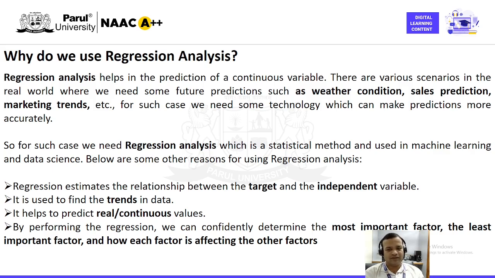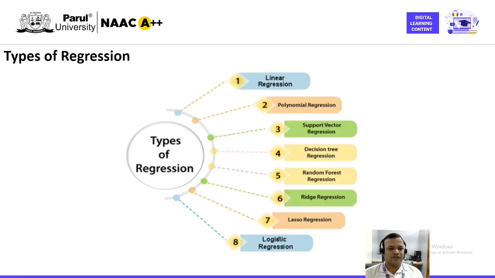There are many other factors also, but the most important factor will be temperature as per our knowledge. We can also calculate the least important factor; if you don't include that factor, the model will give the answer accurately. You can also calculate how each factor is affecting the other factors with the help of regression.